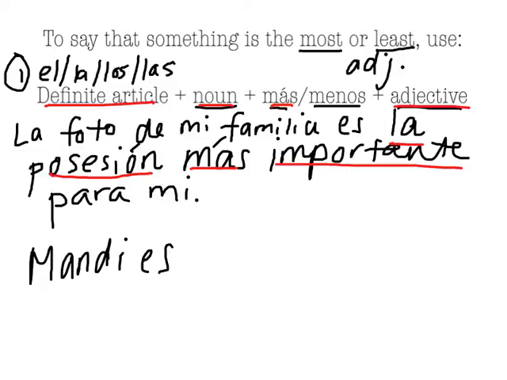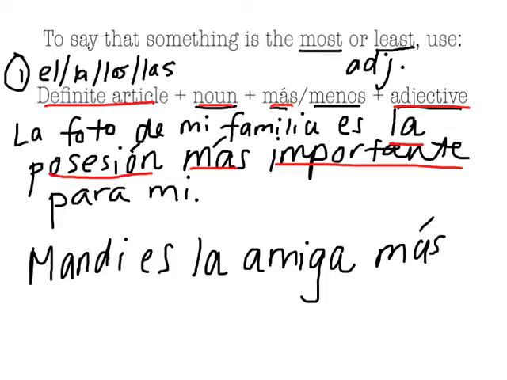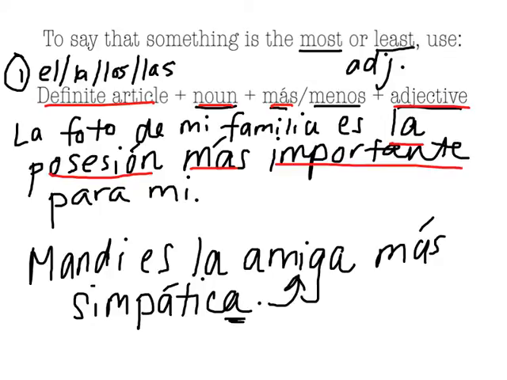So she's a female, so we'll say es la amiga. It's our definite article and our noun. And then we'll say más simpática. Most nice, the nicest. Simpática agrees with amiga. It's feminine and singular.